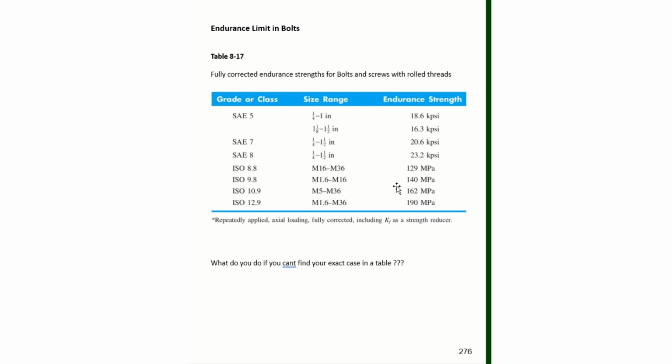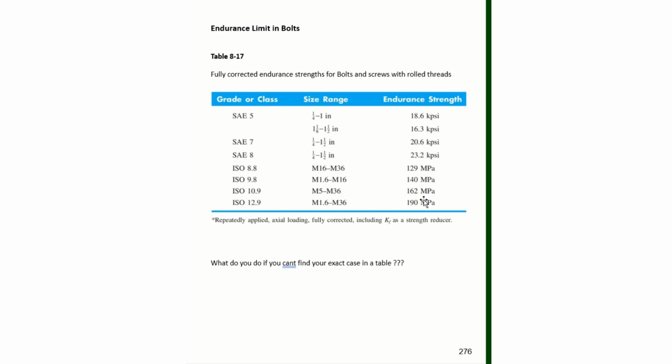Now, if you can't find your particular bolt or class in this table, what do you do? Well, you can extrapolate to some degree using these values. And for a homework problem, that may be what I would do.